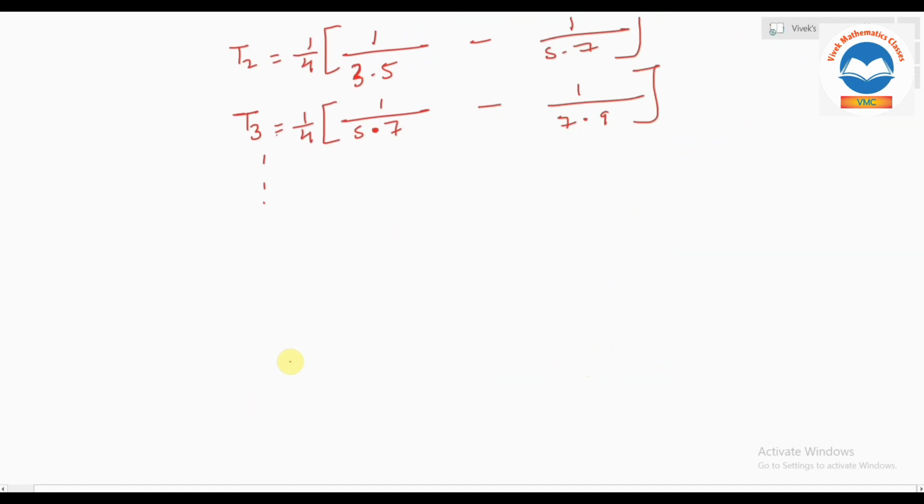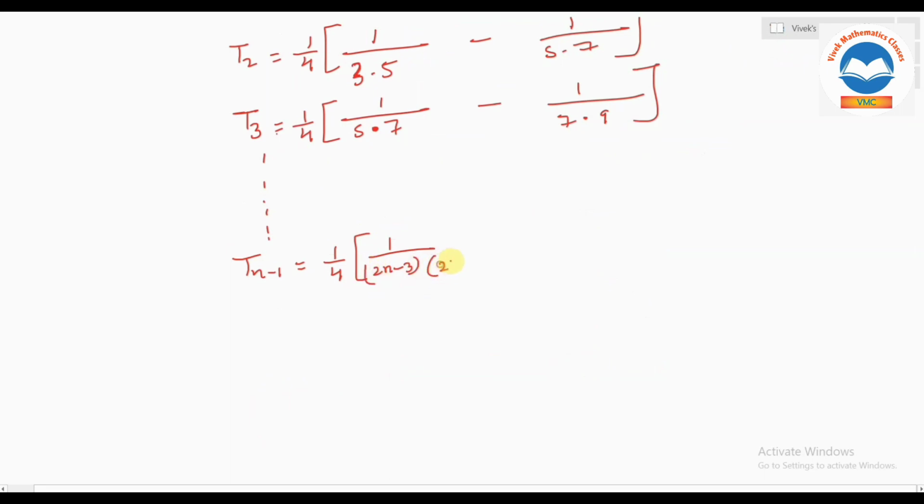So what will be your Tn minus 1 term? Tn minus 1 will be how much? It will be 1 by 4 of 1 by, you will get here 2n minus 3 and 2n minus 1, and next here minus 1 divided by, what will we get here? 2n minus 1 and 2n plus 1.